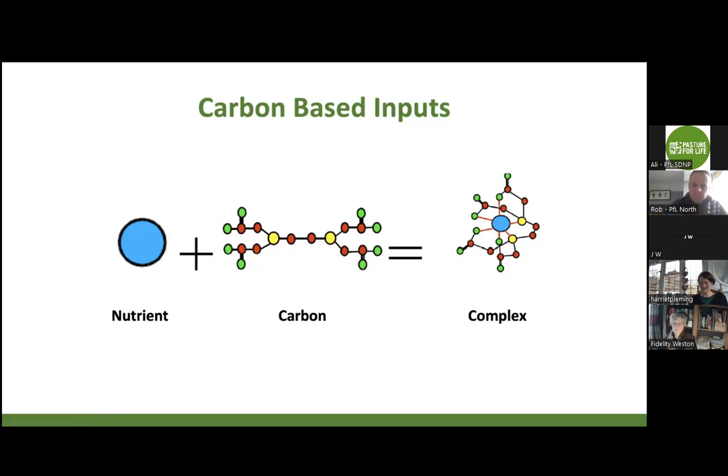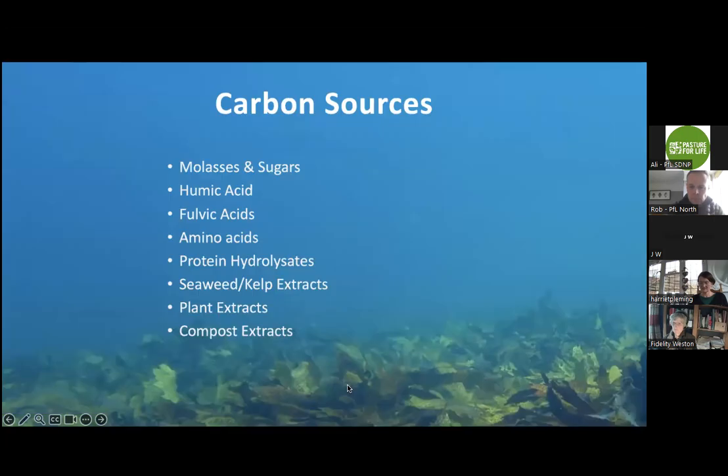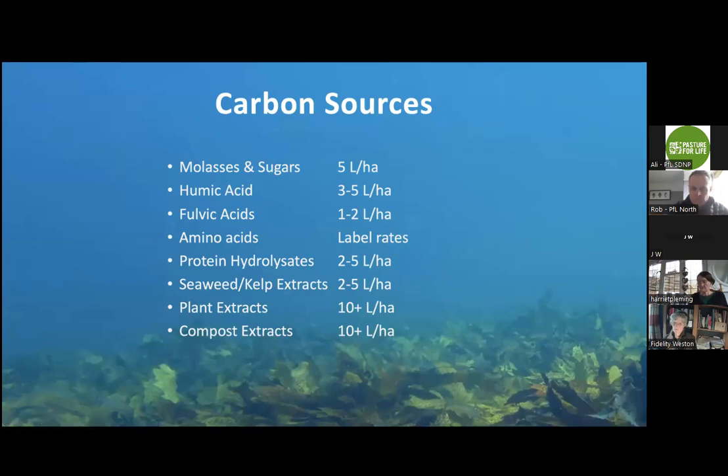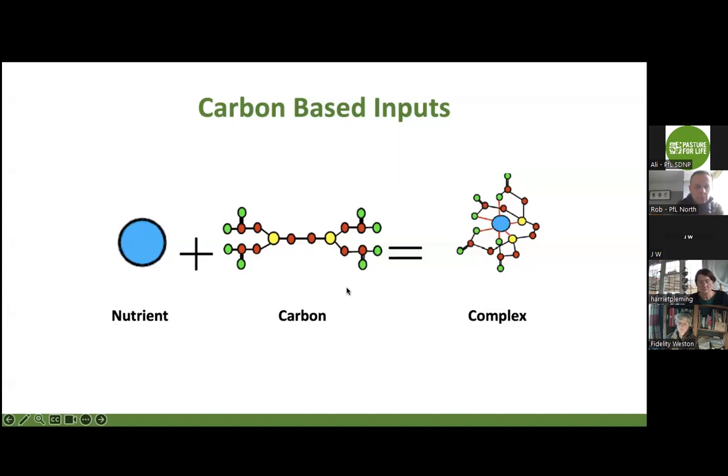Okay, yeah, I was just highlighting that some of these carbon inputs in a liquid form can also be used to either coat fertilizer granules or be mixed with liquid nutrients to be applied to the foliar, where they act like a sponge and bind to the nutrients to stabilize those, but also improve uptake.